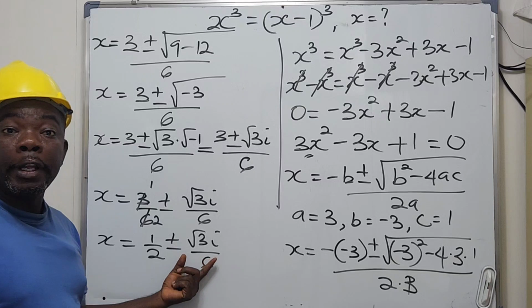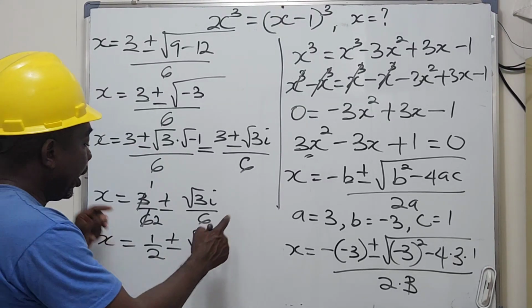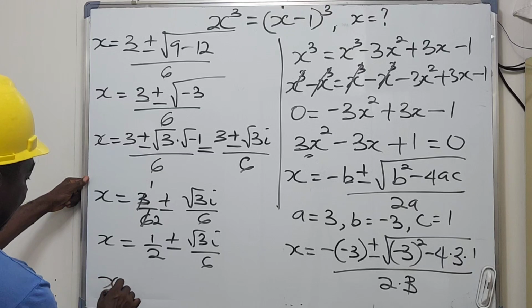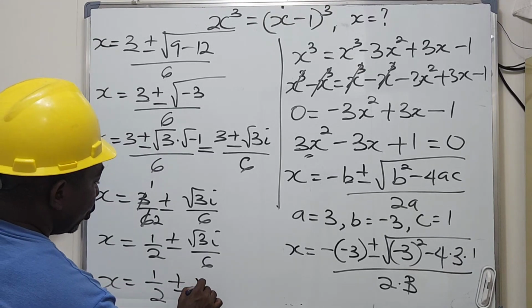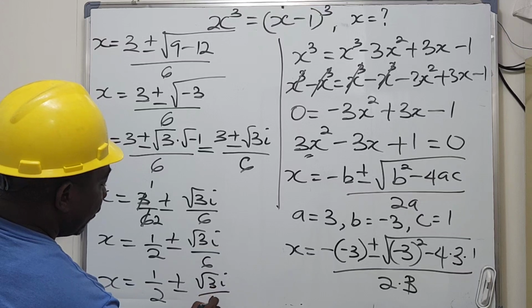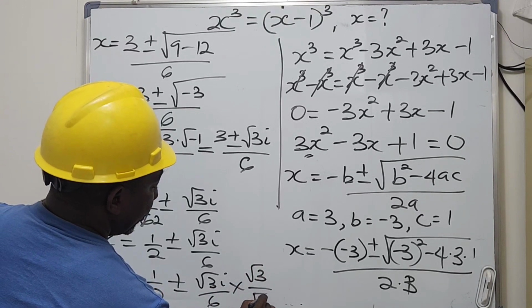So here, in our solution, we cannot leave the square root of 3 in the numerator. So we can further simplify this as x equals to 1 over 2 plus or minus square root of 3i all over 6, times root 3 all over root 3.